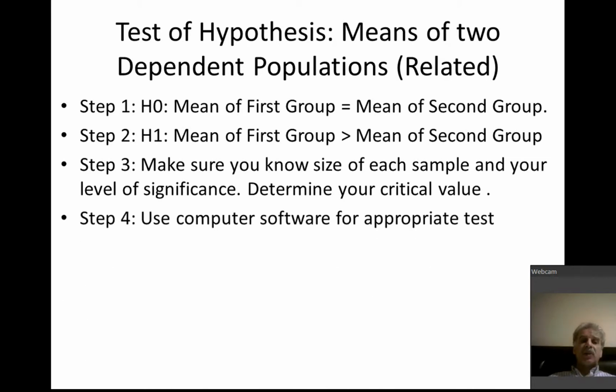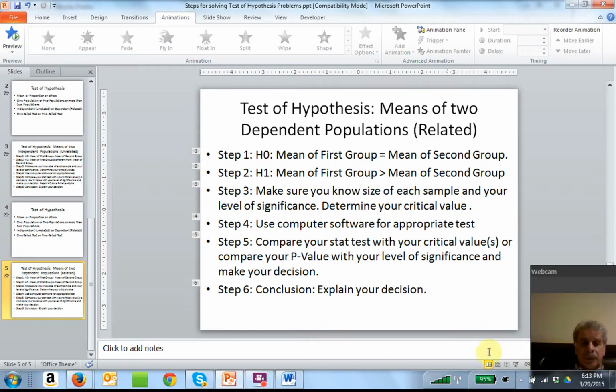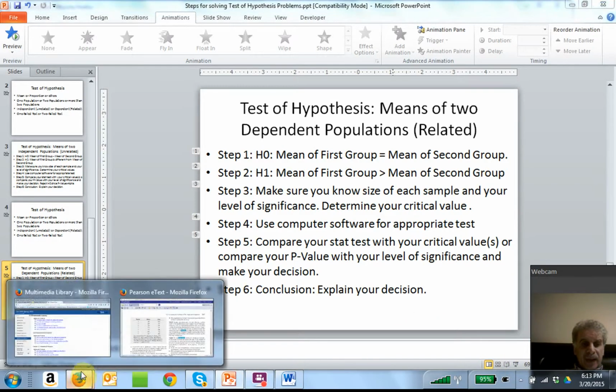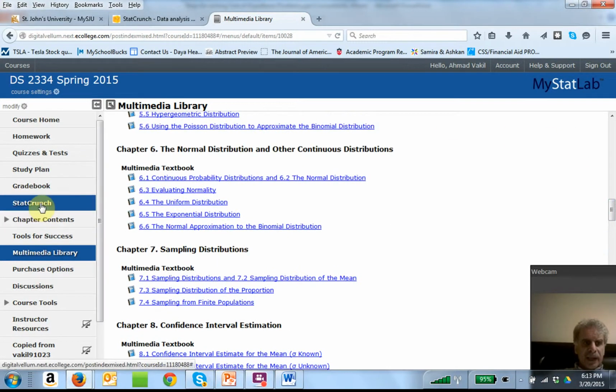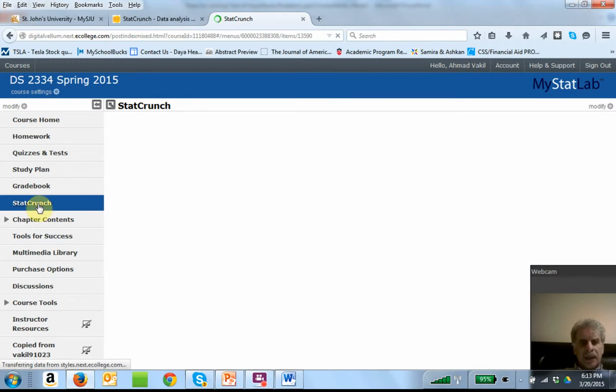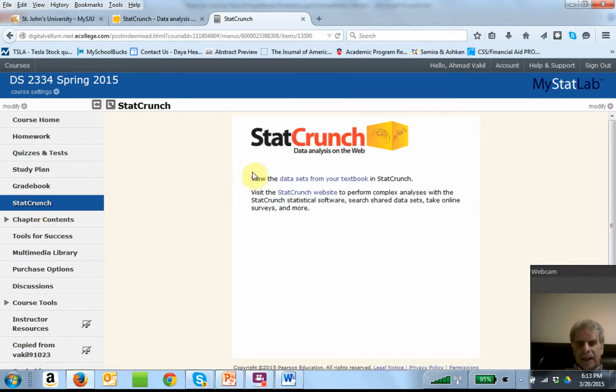Now I have to go to different software and try to solve the problem because I don't want to do it manually. So let me go to StatCrunch. I'm going back to the Pearson site now, and I'm trying to activate StatCrunch. When I go to StatCrunch, it gives me two options. One, I can read the data set from the textbook right away, or I could store the data somewhere else and then retrieve the data that way.